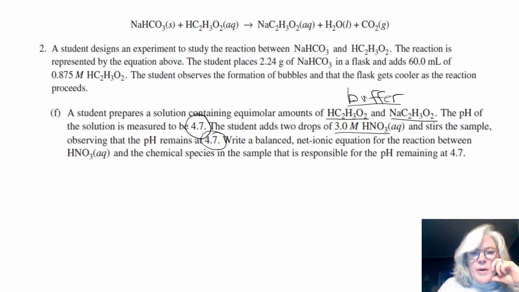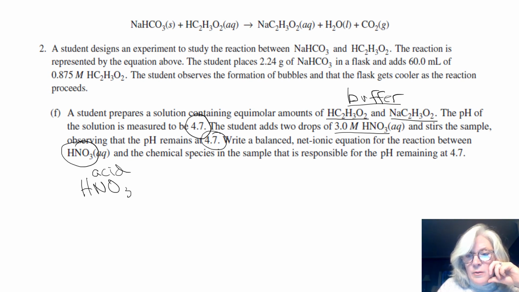So they want to write a balanced net ionic equation for the reaction between that and the chemical species that is responsible. So I know I'm starting with that. That's my acid. So I've got to look at my buffer and see which is my base. That's an acid. That's going to be my base. Okay?